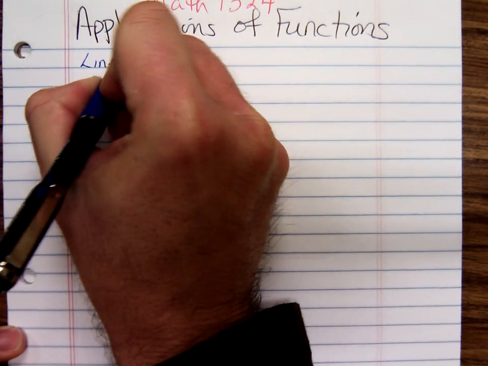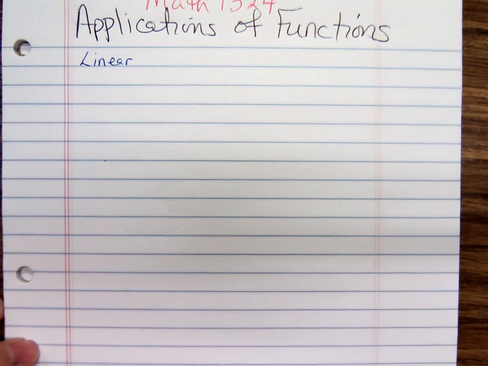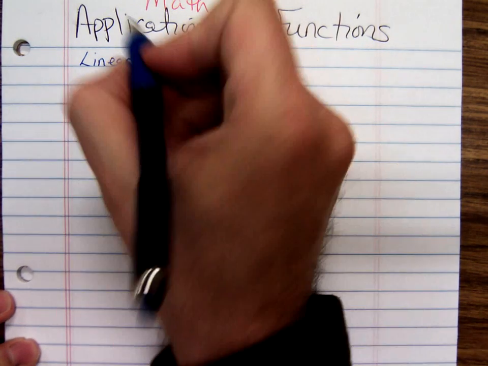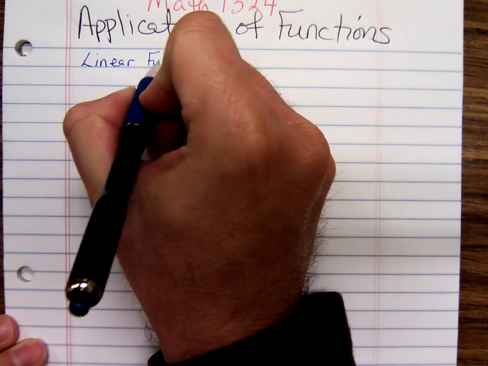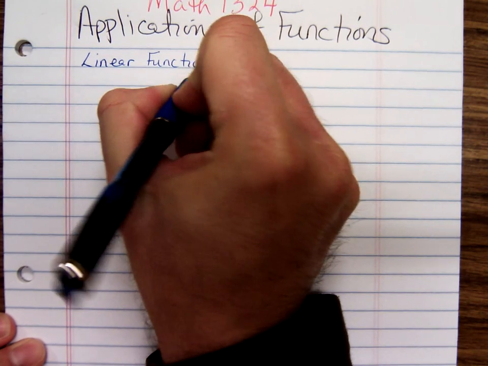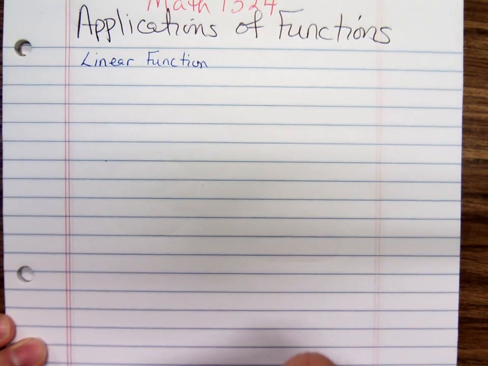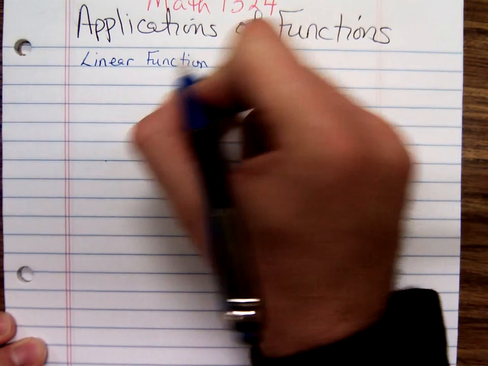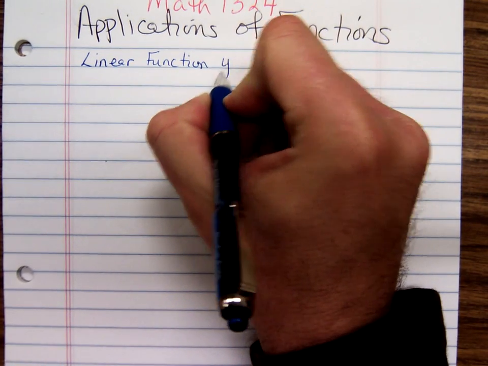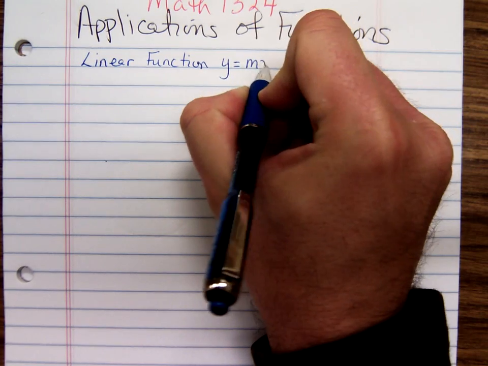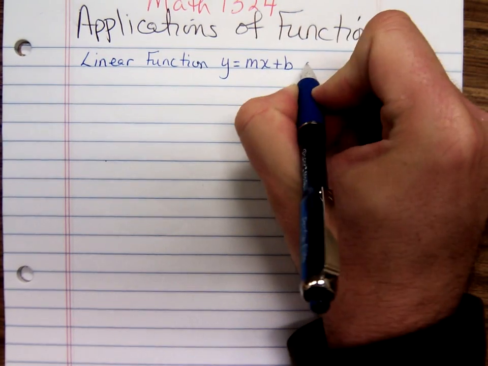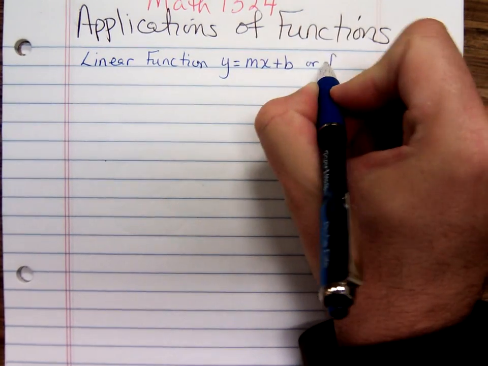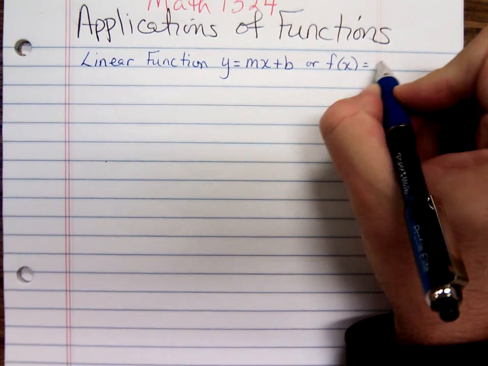In a previous algebra course, somewhere along the way, you discussed linear functions. A function is a rule that assigns to each x value one and only one y value. A linear function can be written in the form y equals mx plus b, or the letter y might be written with f of x.